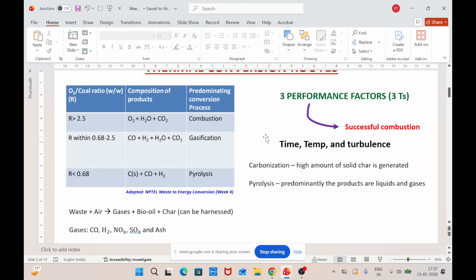In physical methods, you simply do filtration for char removal, or you can also do some sort of solvent addition, or emulsification with hydrocarbons. Whereas in the chemical method, you actually do chemical reactions.